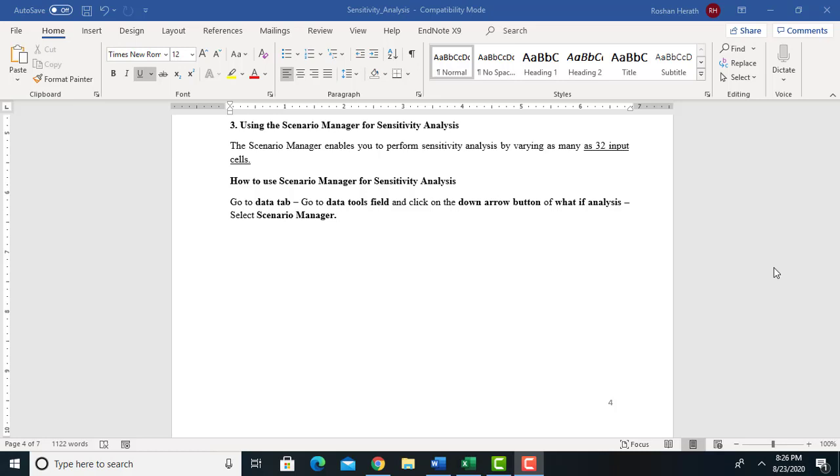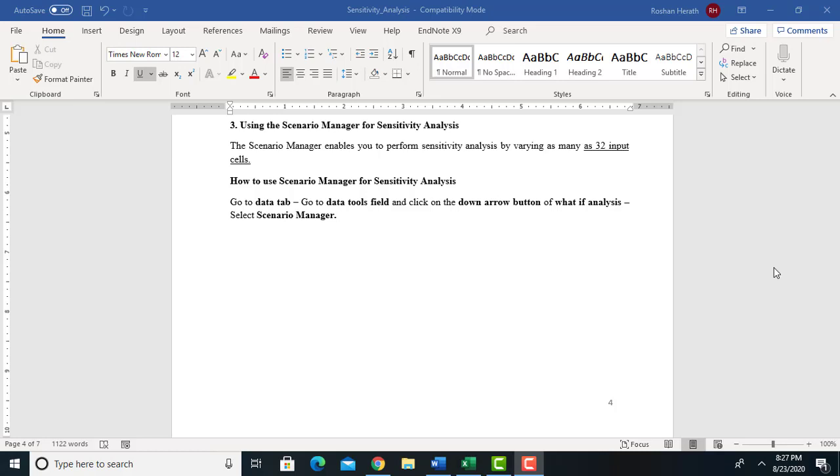With the one-way data table, we could see the change it brings in the output or outputs. And with the two-way data table, we saw the effect on the output when two variables change simultaneously. So that's what we have witnessed.